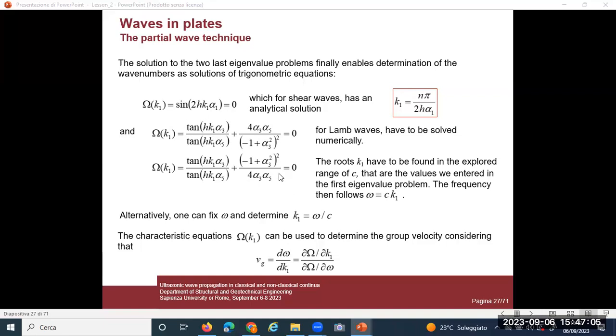It's not crazy. All this result means that the roots k1 have to be found in a given explored range that can be a range of speeds or a range of frequencies. Then the values are entered in the first eigenvalue problem, and then the second one has to be solved.